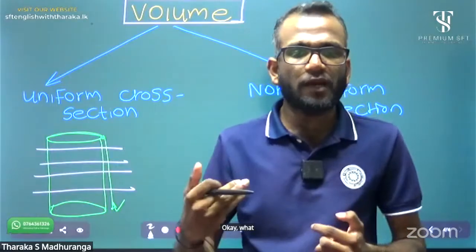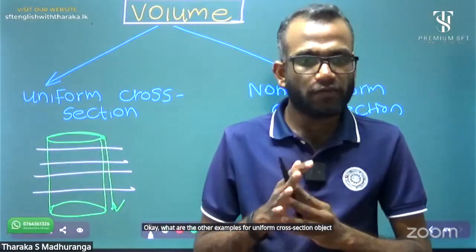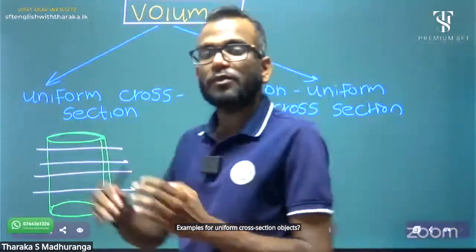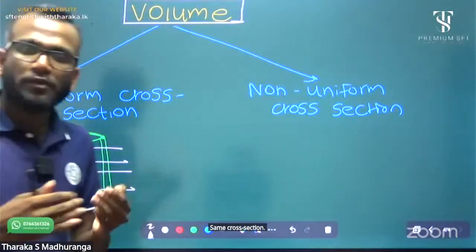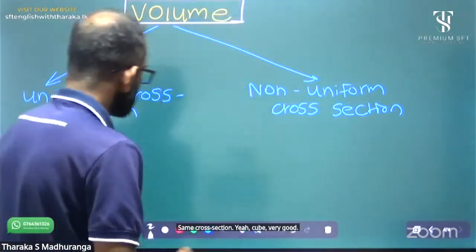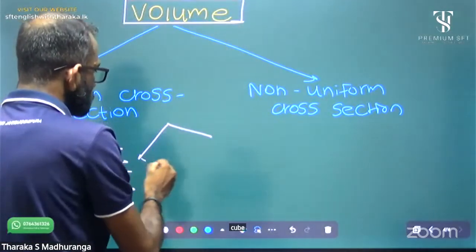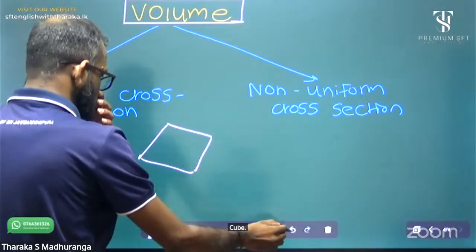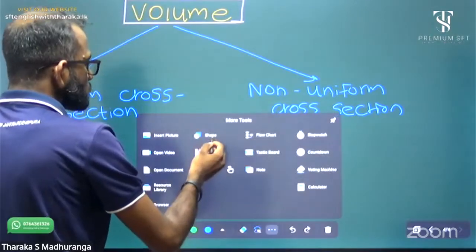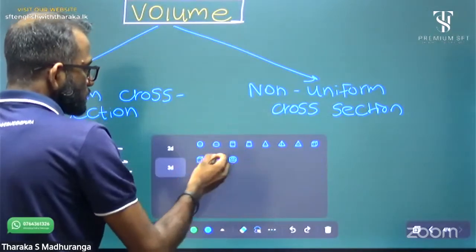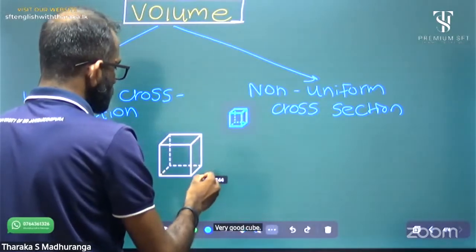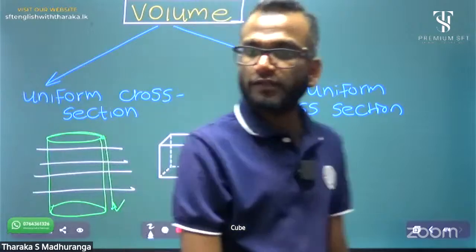Okay, what are the other examples for uniform cross-section objects? Same cross-section. Yeah, cube, very good. Cube. What else?